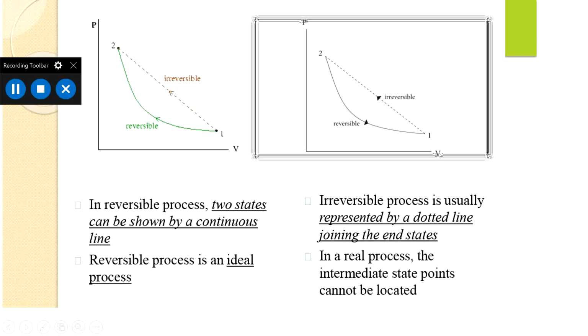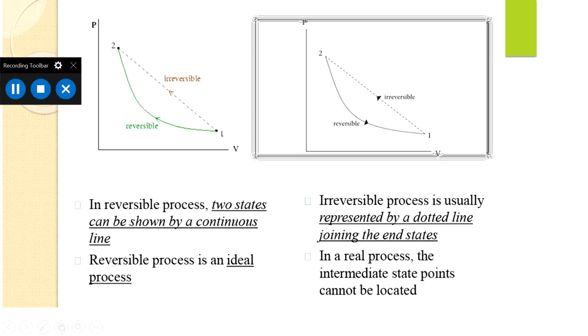When the system changes from 1 to 2 through this path, and if it changes from 2 back to 1 through the same path, then we can say it is a reversible process. If the process changes from 2 to 1 through this dotted path, then it is an irreversible process, because some changes have happened there.